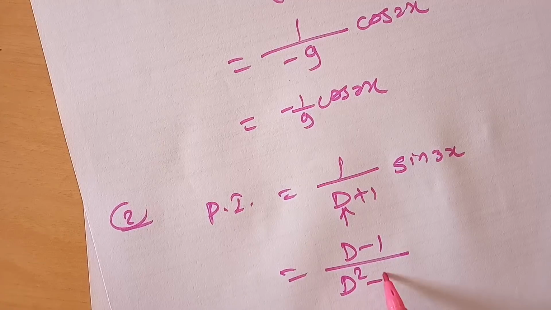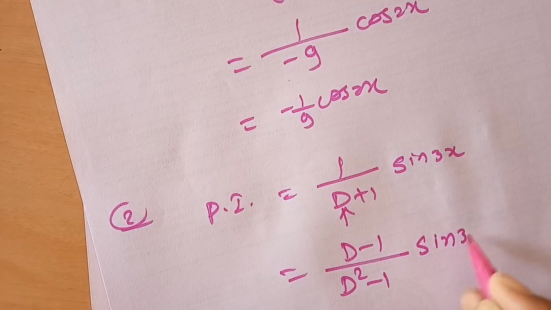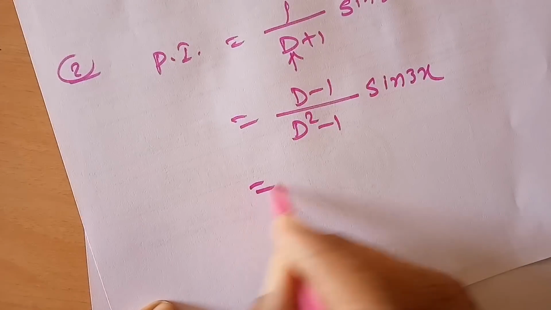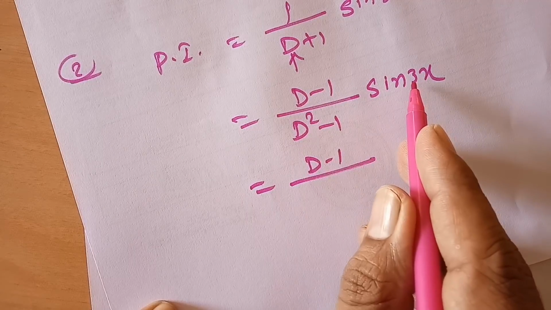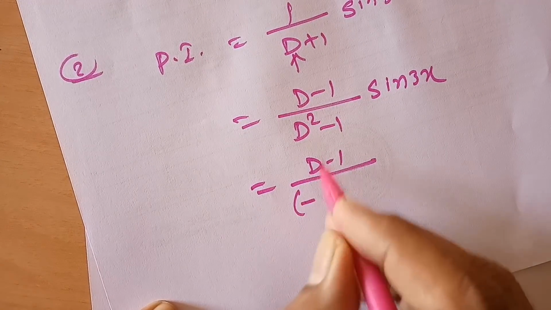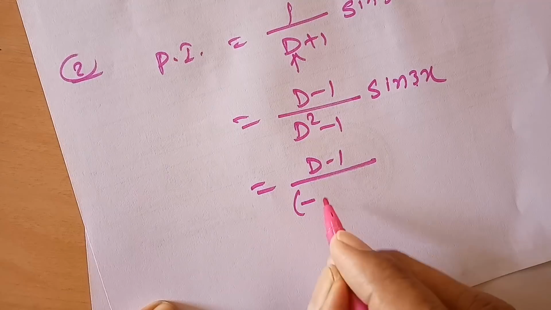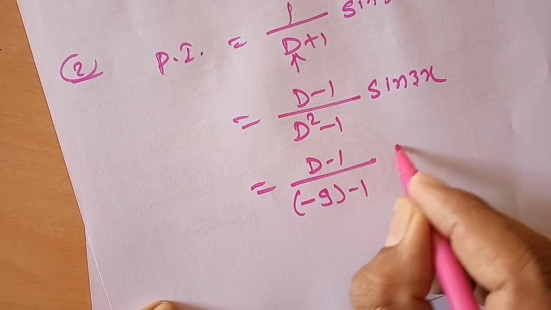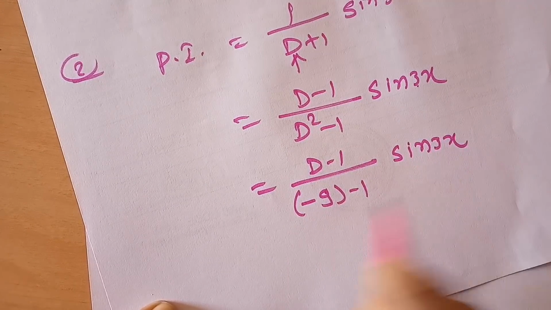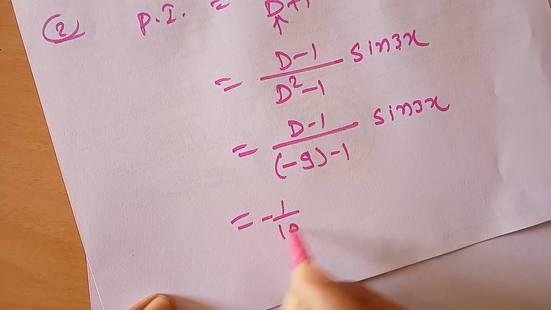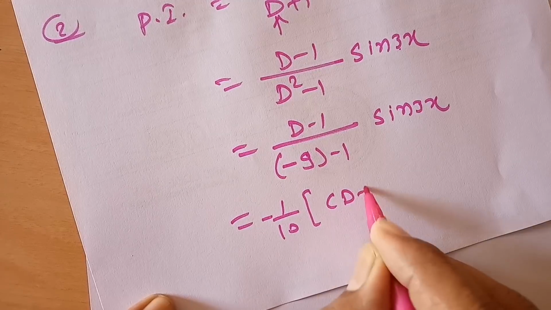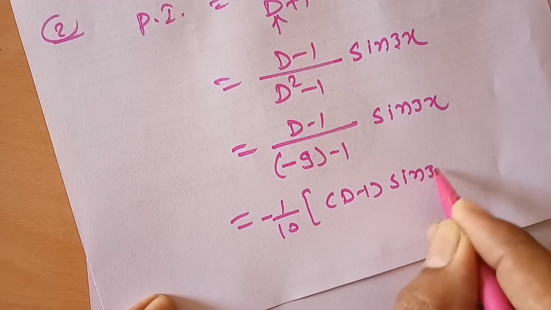Then we can write D square minus 1 into sine of 3x. Now we can replace D square by minus 3 square, that is minus 9, minus 1. This is sine of 3x, which becomes total minus 1 by 10 into D minus 1 into sine of 3x.